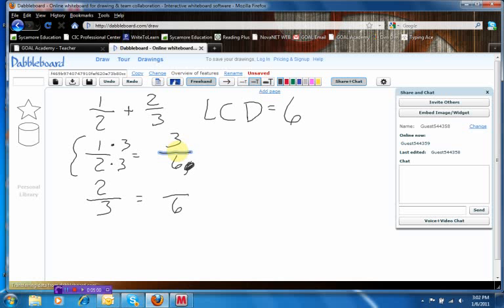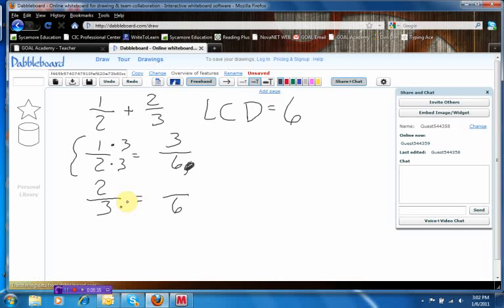Now, do the same thing with the bottom. 3 times what equals 6? What do you multiply 3 by to get 6? Yep, 2.